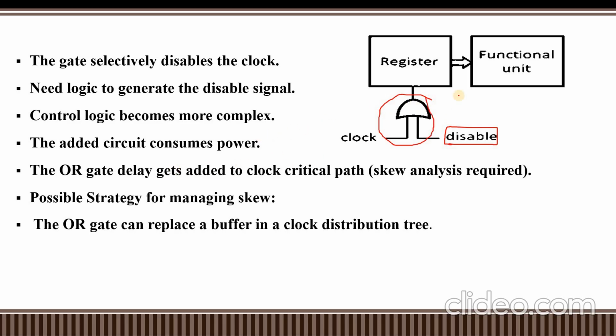Another drawback with adding this circuit is that the OR gate delay gets added to the critical path. That means delay or skew also increases. So the possible strategy for managing this skew or delay is to replace this OR gate with a buffer in a clock distribution tree, so that we can minimize the delay and also reduce the dynamic power dissipation.